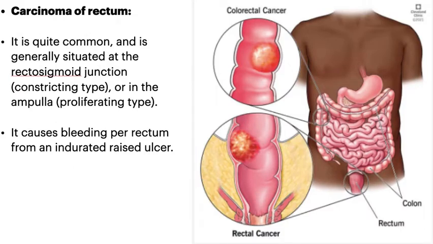Okay. Commonly, we have carcinoma of the rectum or colorectal carcinoma, generally situated at the rectosigmoid junction, which is constricting type, or in the ampulla, which is proliferating type, causing bleeding per rectum from an indurated raised ulcer.